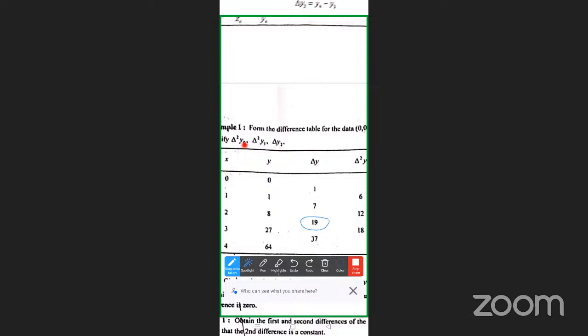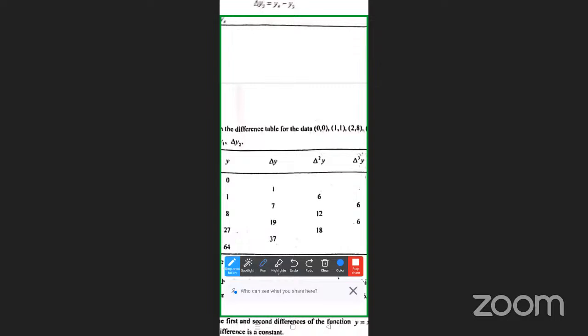So next, delta square y0 and delta square y1, which are second order. In second order, this is y0, y1, y2. So delta square y0 is nothing but 6, and delta square y1 is equal to 12.